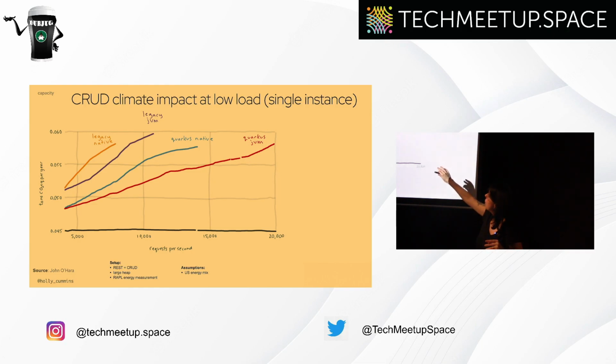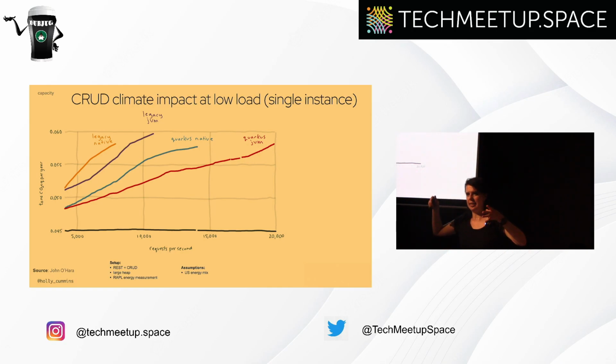Basically lower lines are better because it means it's using less energy and less carbon. And lines that go further over show a runtime that was more capable of dealing with load, with higher throughput. You can see Quarkus on JVM was the best. Quarkus on native was second best. Legacy on JVM was next, and legacy on native was really pretty inefficient.